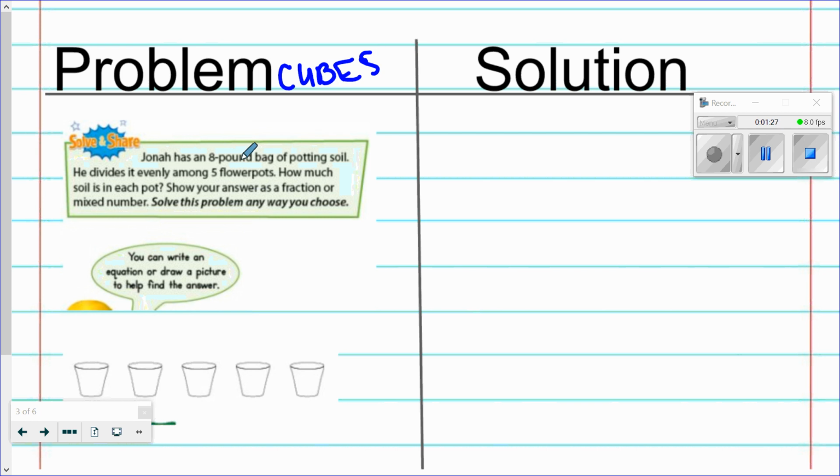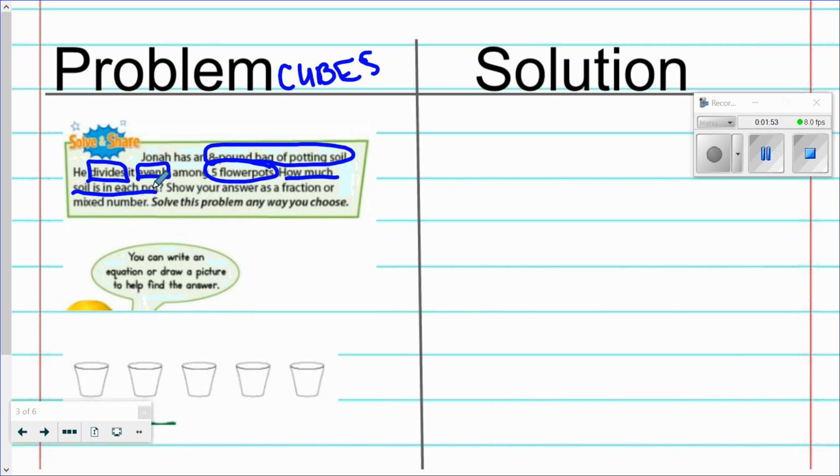Jonah has an 8-pound bag of potting soil. Okay. And he is going to divide it evenly among 5 flower pots. And we need to find out how much soil is going to be in each pot. And we're going to be able to solve that any way we like.